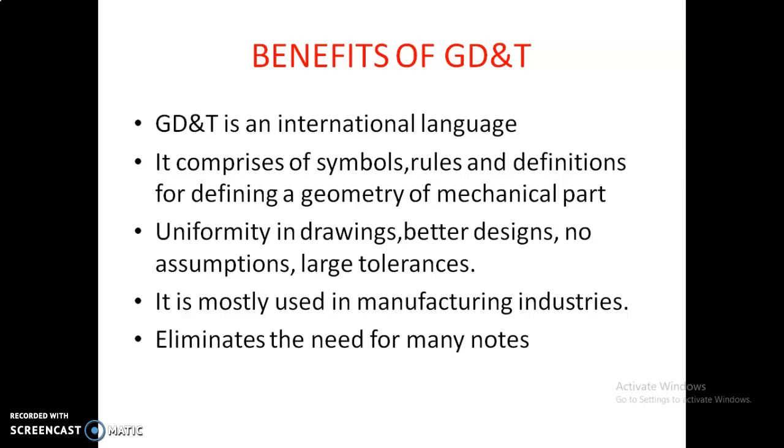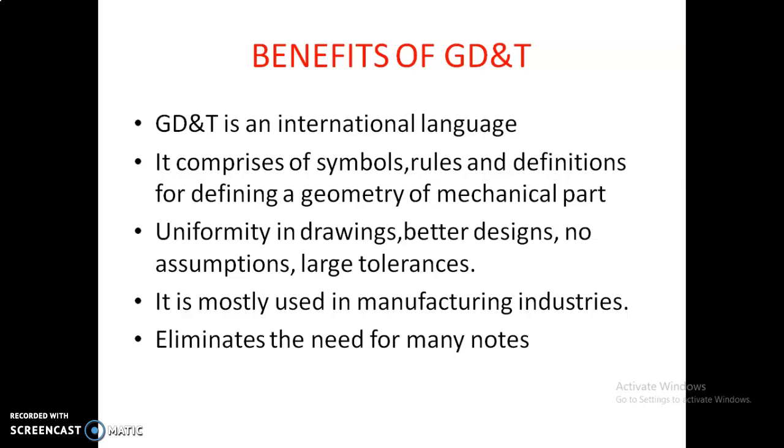Uniformity in drawing, better design, no assumption, large tolerances. With GD&T there is uniformity in drawing, better design can be achieved, and no assumption is required. Large tolerances can also be achieved, because they can be obtained with the help of MMC and LMC.